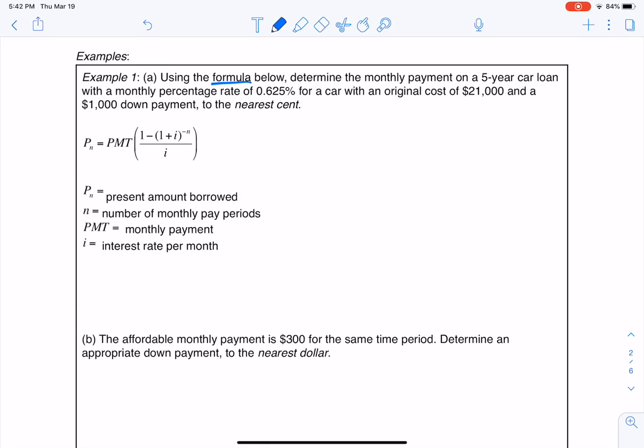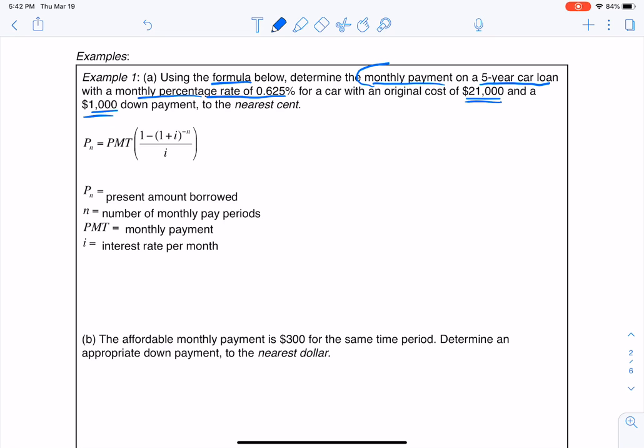All right, so using the formula below, determine the monthly payment on a 5-year car loan with a monthly percentage rate of 0.625% for a car with an original cost of $21,000 and a $1,000 down payment, to the nearest cent.